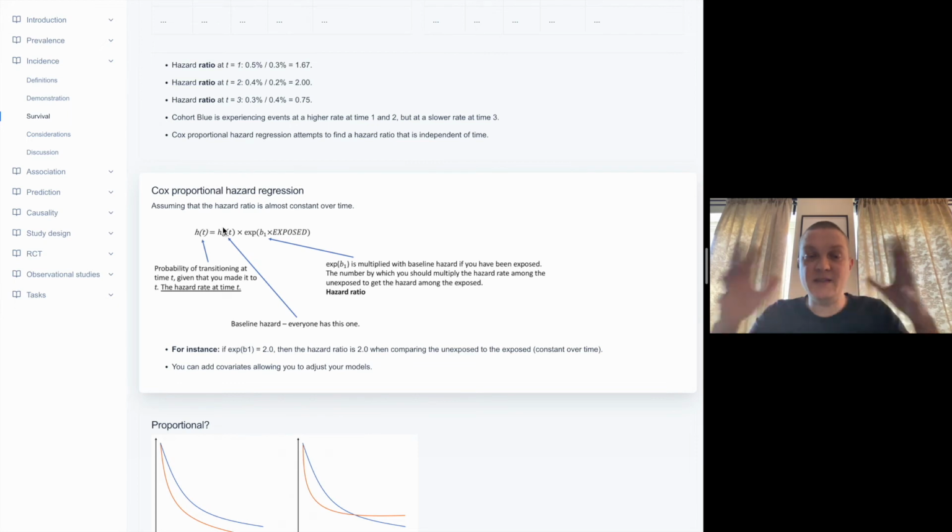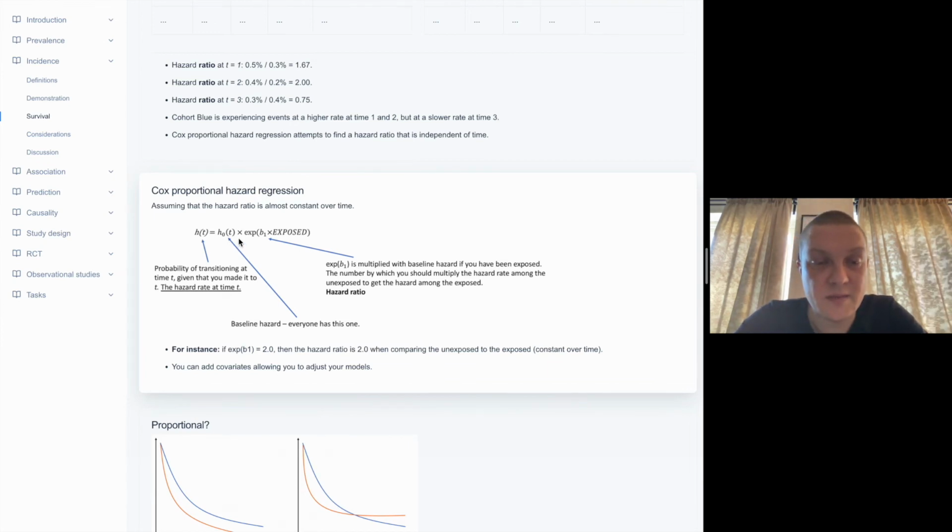Well, this is the baseline hazard for cardiovascular disease at this point in time. This is common for everybody in our cohort, or actually in our population, because then we might have different cohorts. One cohort that has been exposed to some treatment or surgery, and another cohort who has not been exposed.